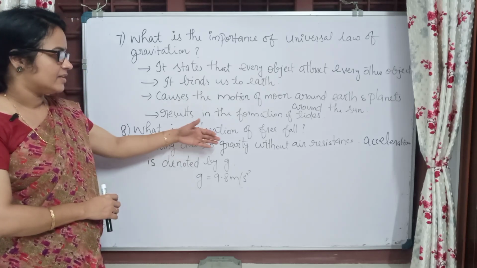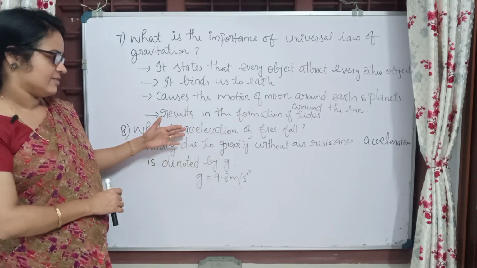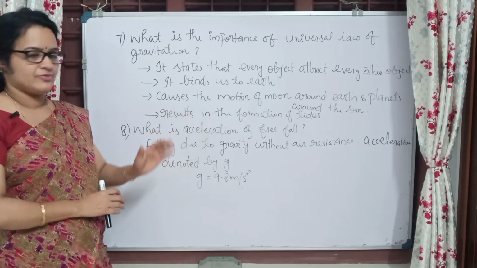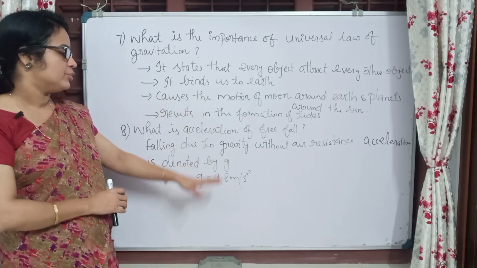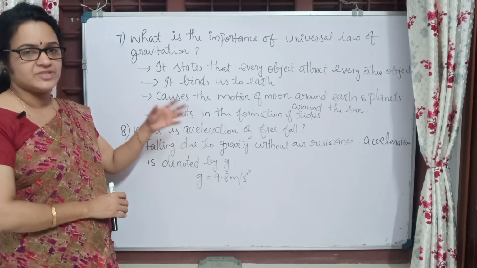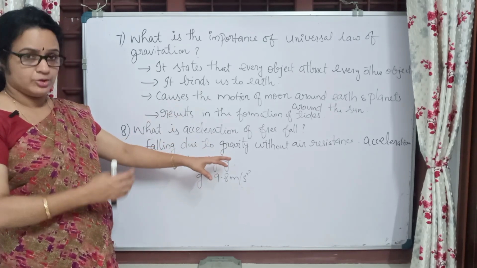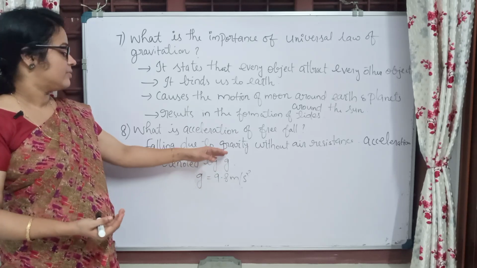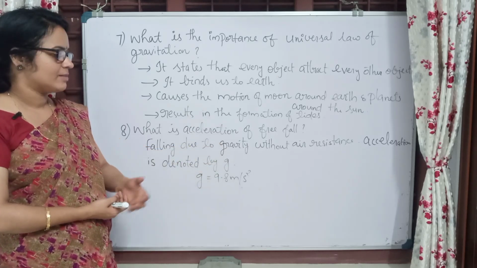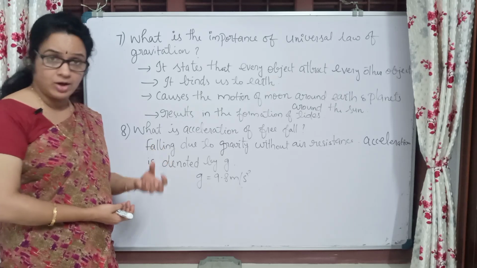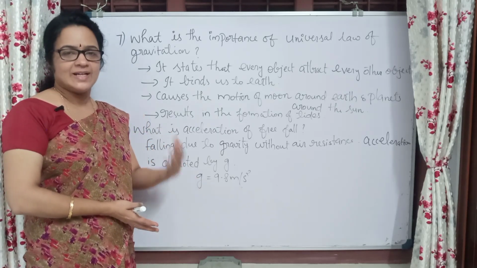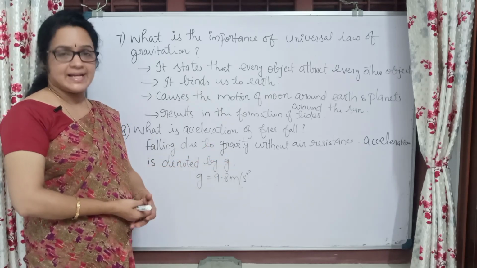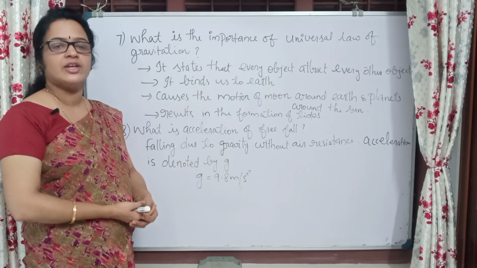Free fall means the object will be falling only due to the effect of gravity. The earth will attract all objects towards its center. So that is all about acceleration due to gravity or free fall.